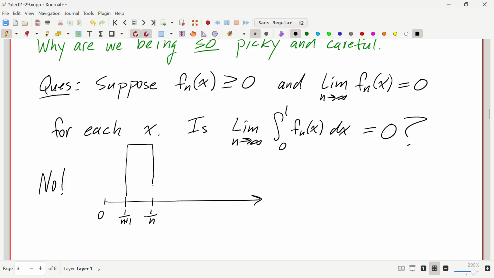I want the area under here to be 1. So this h should be equal to 1 over n minus 1 over n plus 1. That would make that area be equal to 1. And this is going to be the Fn.